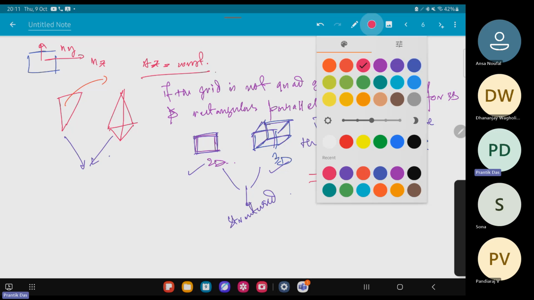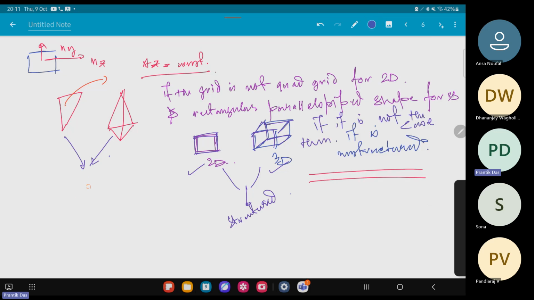Unstructured, actually, you will see that most of the people actually avoid this grid because these are typically difficult to converge. But if the geometry itself is a complex one, you have to go for an unstructured grid.